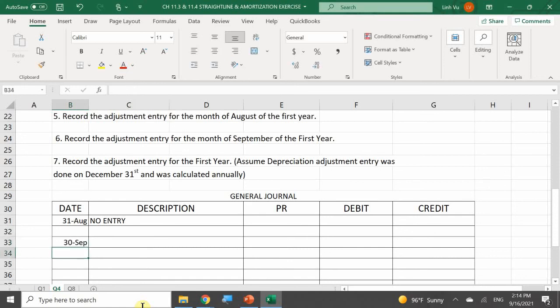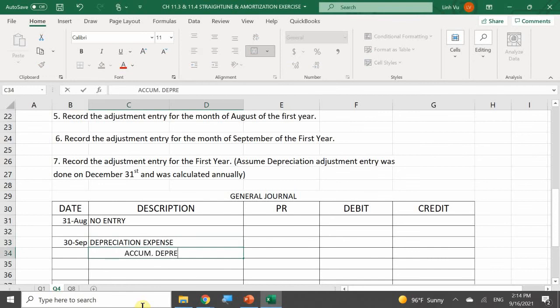There is no such thing as September 31st. So in this case, we have depreciation expense, and we have the accumulated depreciation, and you said it was for the $27.80. Good.